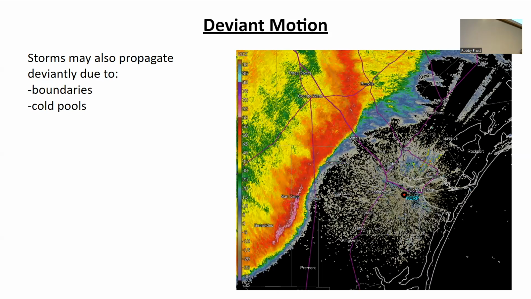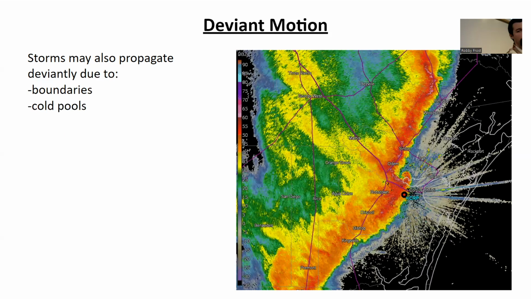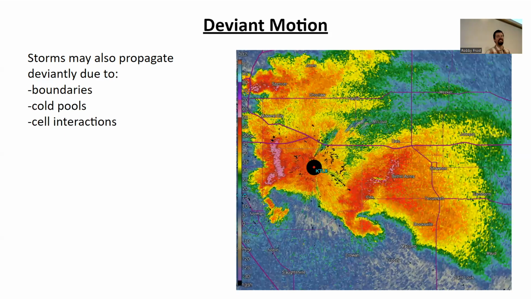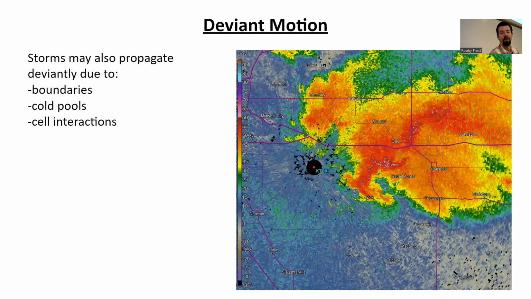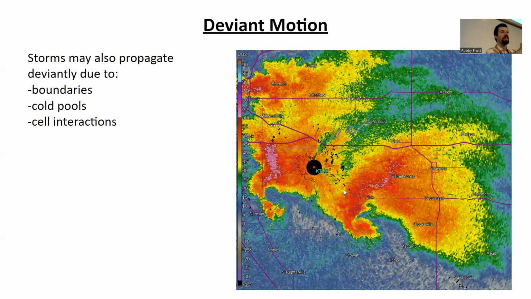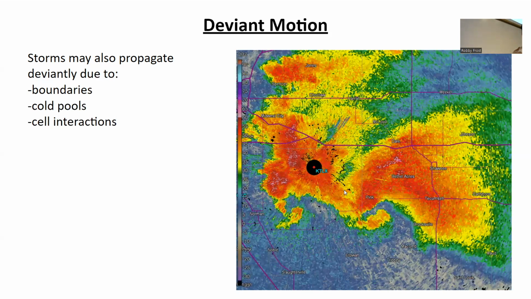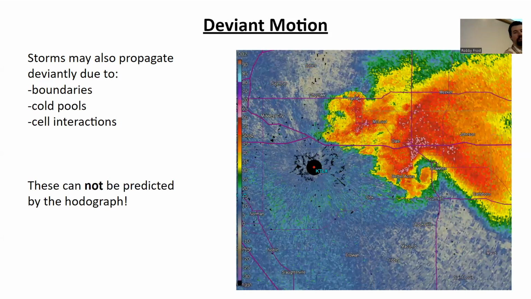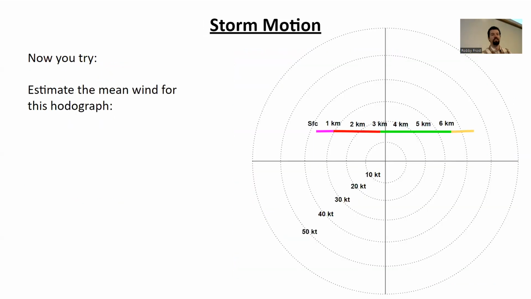Corfidi vectors get at these somewhat, but these can be driven by cold fronts, etc., which really have their own motions. And then cell interactions, the famous Fujiwara effect, where you have two mesocyclones in really close proximity to one another. All of these can affect supercell storm motion, so it's not just the Bunkers motion. And none of these can be predicted by the hodograph. So just to keep you on your toes.